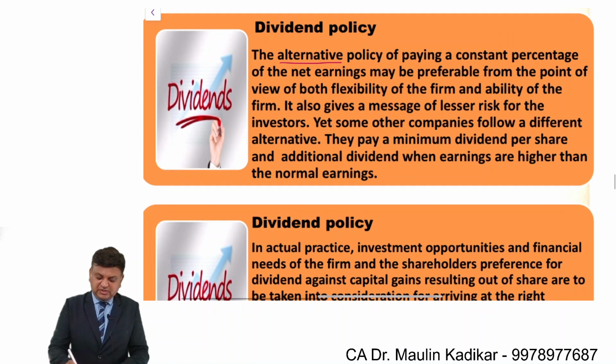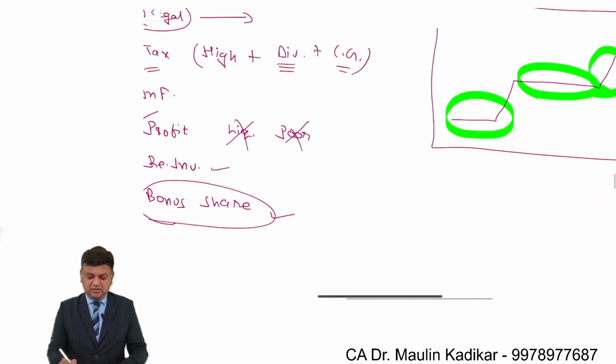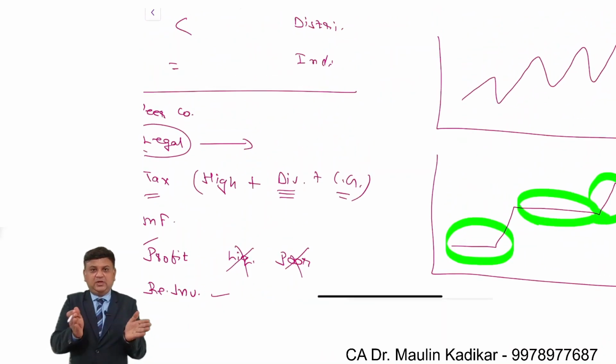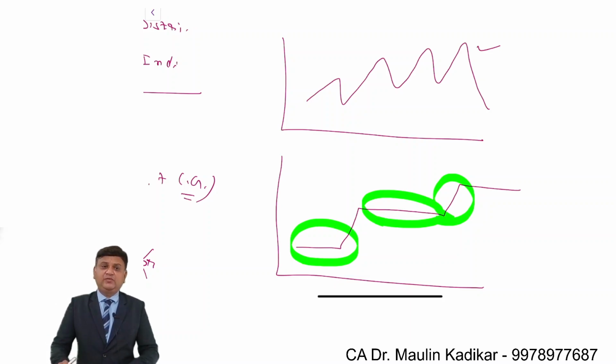The alternative policy of paying a constant percentage of the net earning may be preferable from the point of view of both flexibility and ability of the firm. If you pay a constant proportion of the earning in the form of dividend, then a situation like this may arise with the fluctuation of the earning.